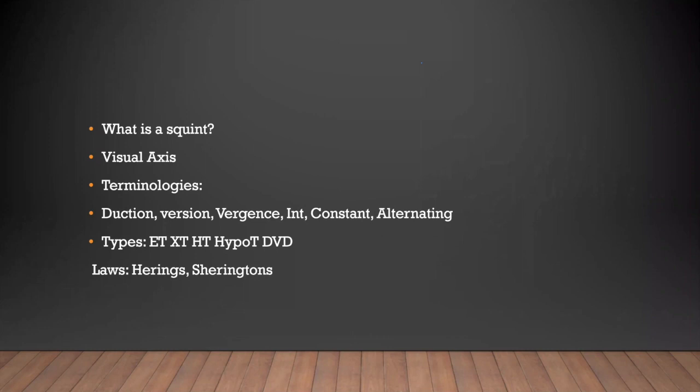Version is binocular movements which are conjugate, meaning that they move together. Vergence is again a binocular phenomenon; however, this is disconjugate, meaning both eyes do not follow Hering's law.